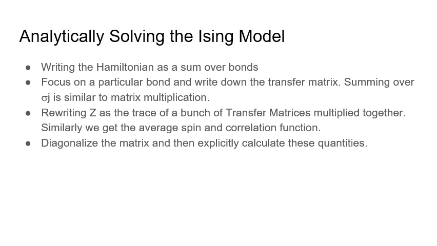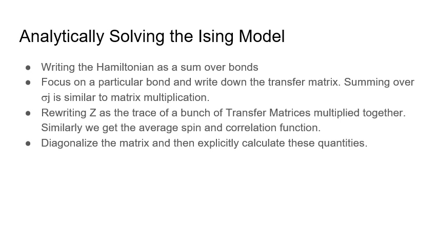The first step in solving the Ising model is basically just writing the Hamiltonian as a sum over the bonds for the configuration. Then we'll be focusing on a particular bond and we'll be writing down the transfer matrix. Now, it is seen that the summation over sigma j is actually rather a matrix multiplication.